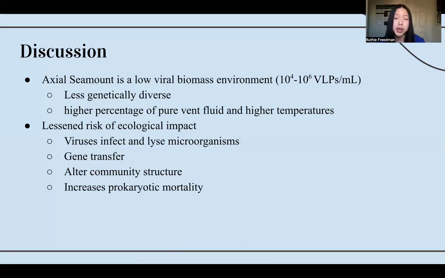Higher viral abundances increase the chances of gene transfer, where these organisms could transfer genes and develop into new niches where they can impact other microbes and their trophic cascades. And this also goes into altering their community structure. And higher abundances also increase prokaryotic mortality.